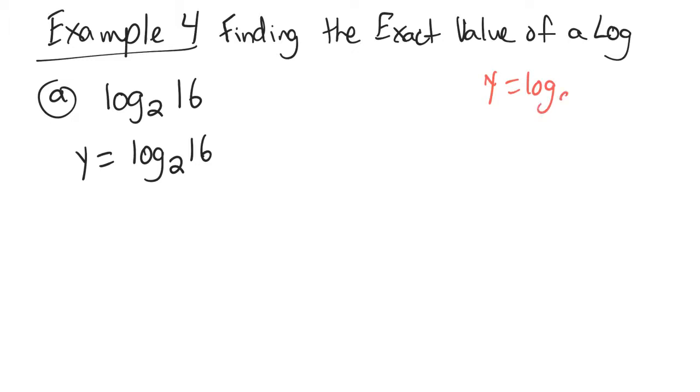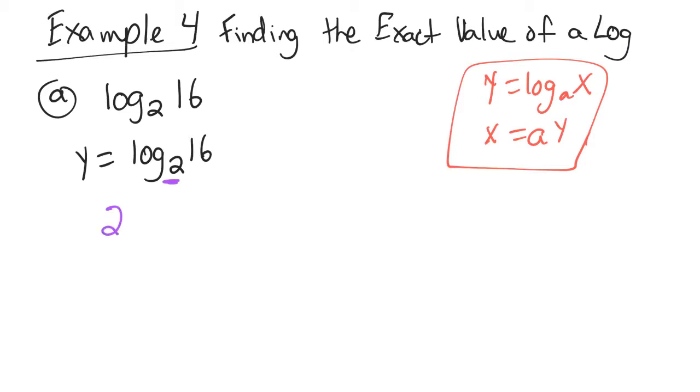Remember, these were our exponential and log equations. I always have them written there. So we want to rewrite this as an exponential equation instead. So 2 is our base. So 2 raised to the exponent, that y, equals x, or equals 16.